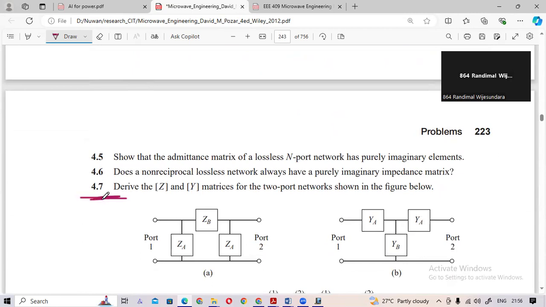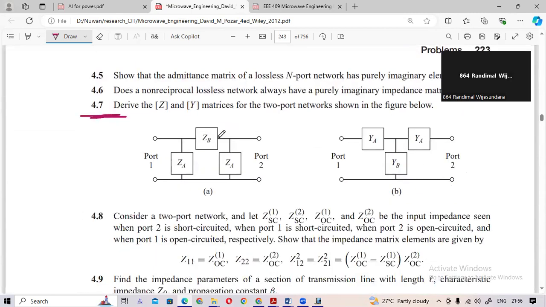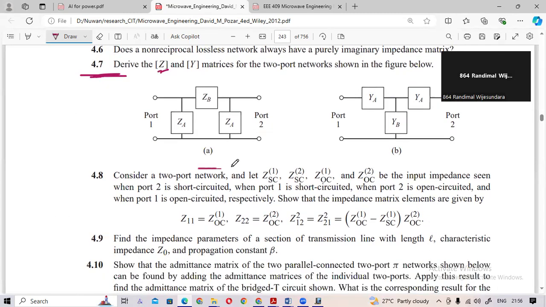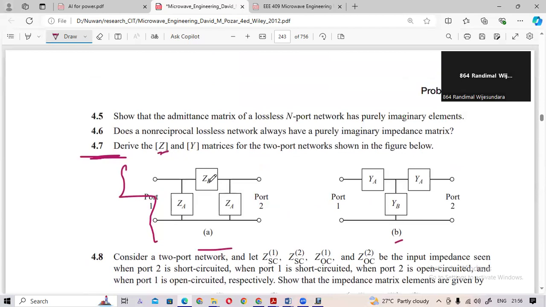Derive Z and Y matrix for this question. For this one and this one. So as a homework, try to do that. Maybe tomorrow we can discuss. If you have time after 12 o'clock, you can come and meet me and we can discuss this example.